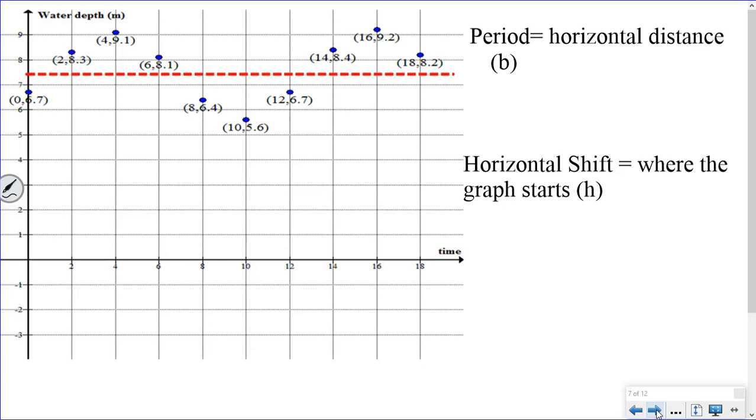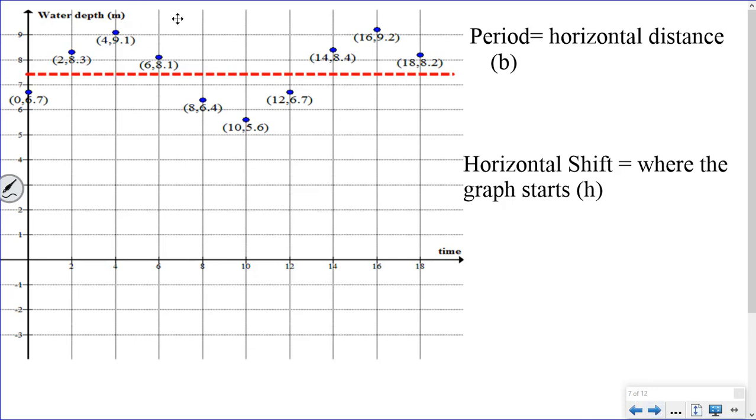Now, one thing I would like to point out is the period for a tide graph is always going to be the same. If you think about what tides do, generally they take 24 hours to go in and out, or 12 hours to go in and out. So we have to think about that in terms of our period.